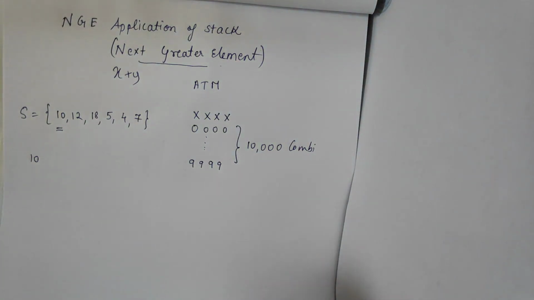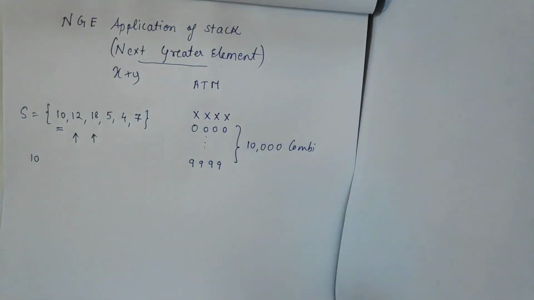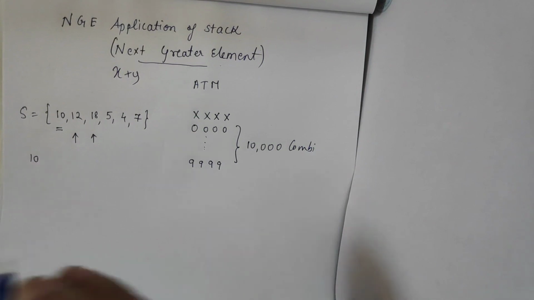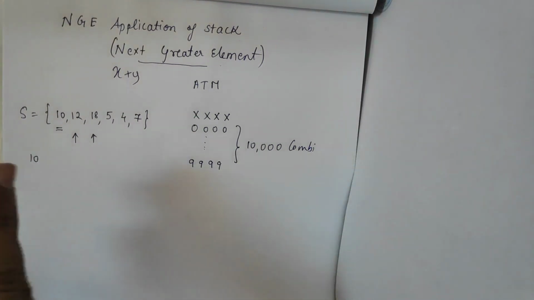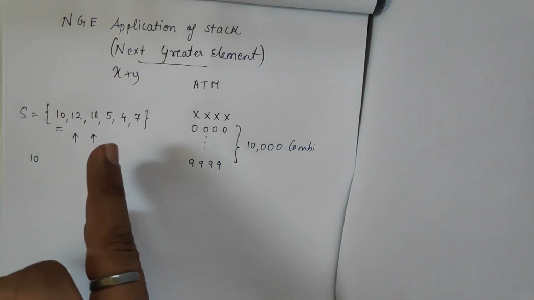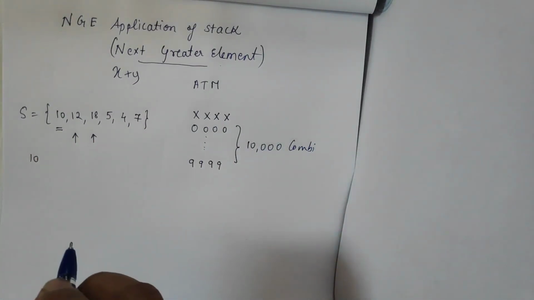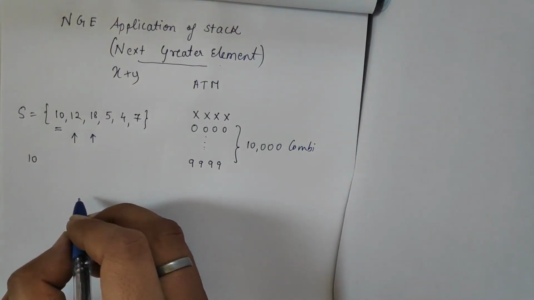Now there are 2 numbers which are greater than 10, one is 12 and one is 18. In the case of next greater element, we just need the first element which is greater than 10 and it is on the right hand side, so we will not search backwards. Those are the 2 conditions. In this case, 12 and 18 are more than 10, but we will consider only the first one for 10.